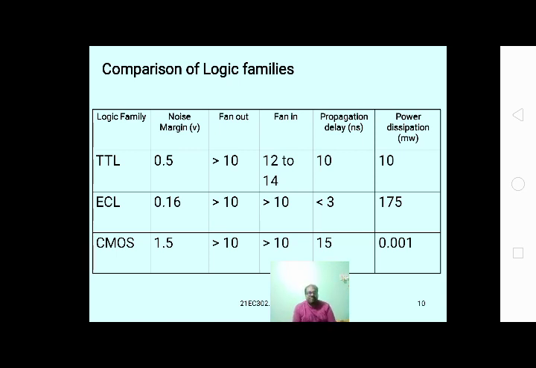Power dissipation in milliwatts is 175 for the whole circuit. Per gate it is 40 to 55 milliwatts.